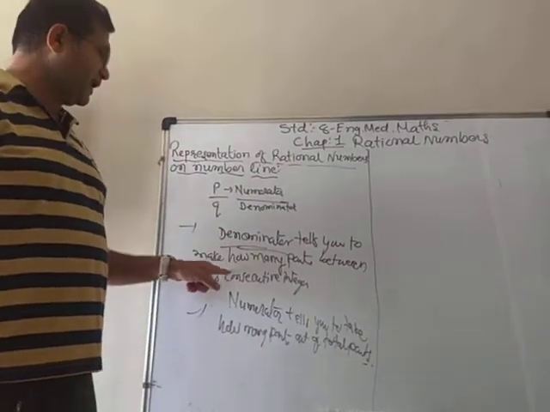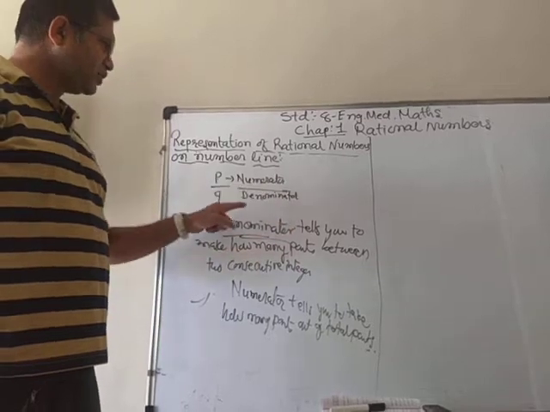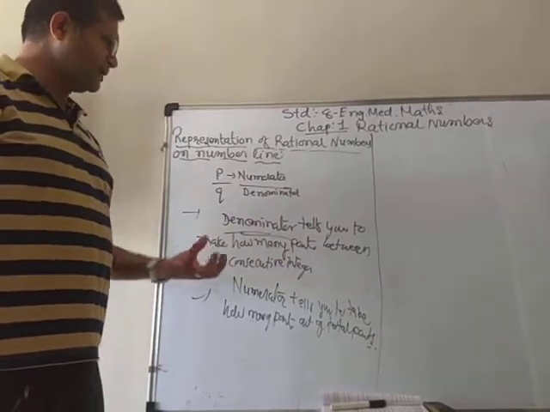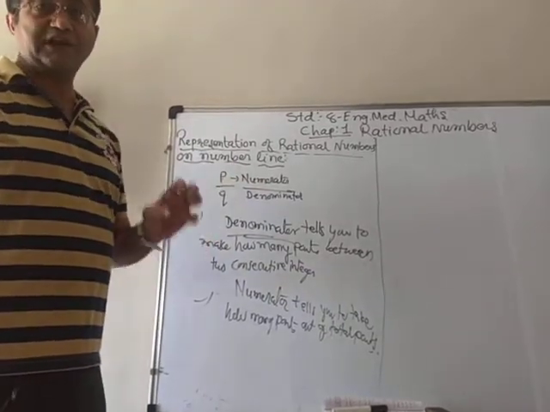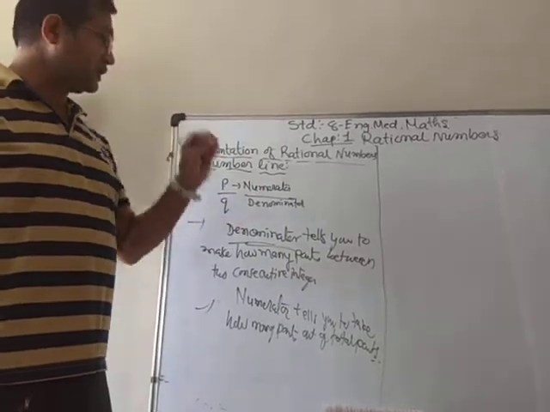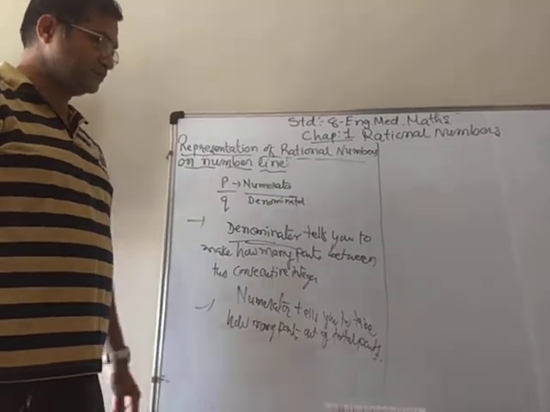We make equal parts according to the number in the denominator, and out of the total parts, we take as many parts as the number in the numerator to represent the given rational number on the number line.